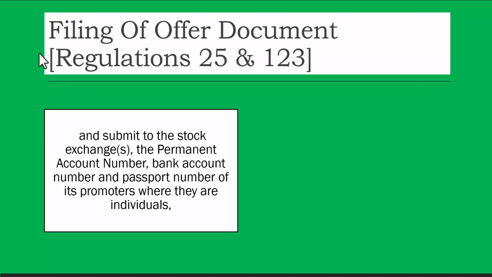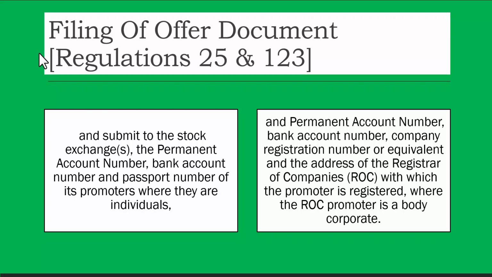And submit to the stock exchange the permanent account number, bank account number, and passport number of its promoters, where they are individuals. So if the promoters are individuals, their PAN number and bank account number, everything has to be shown. Now, the promoter can even be a body corporate.